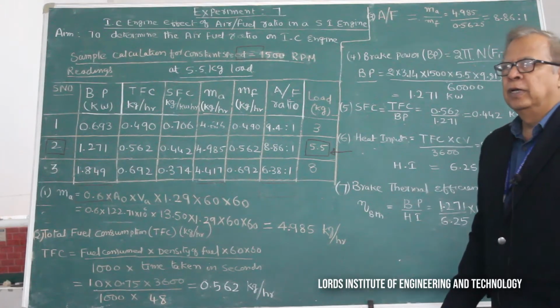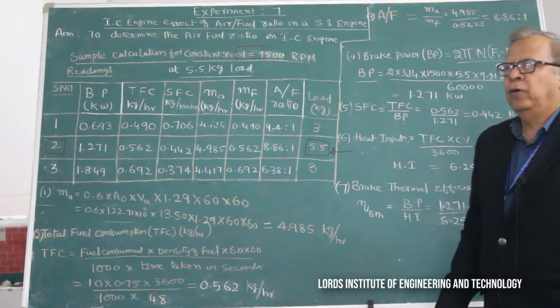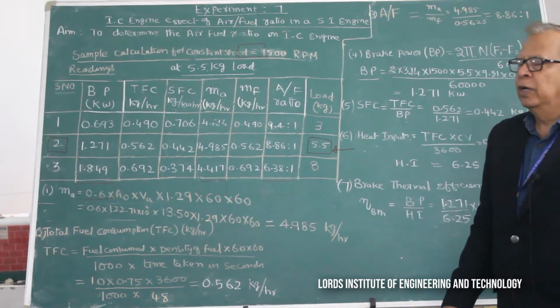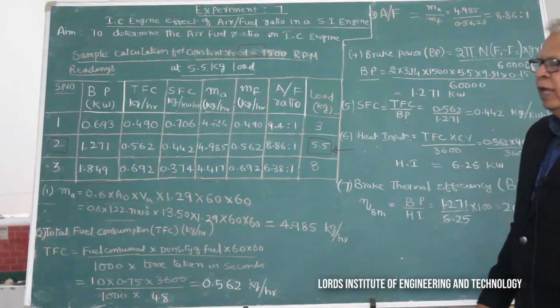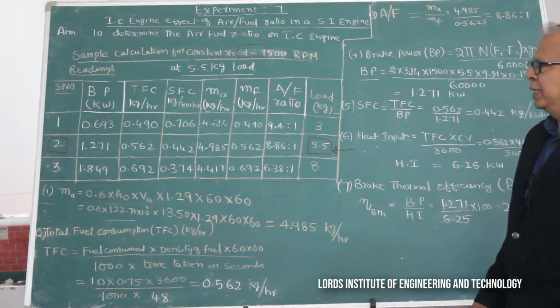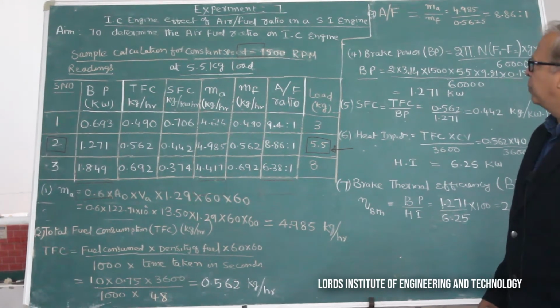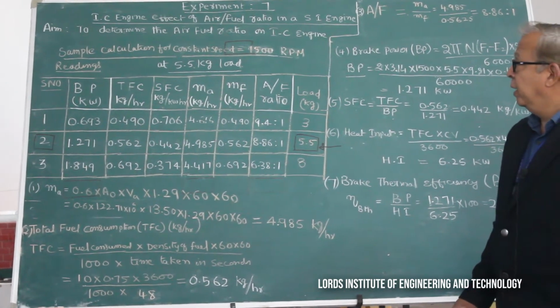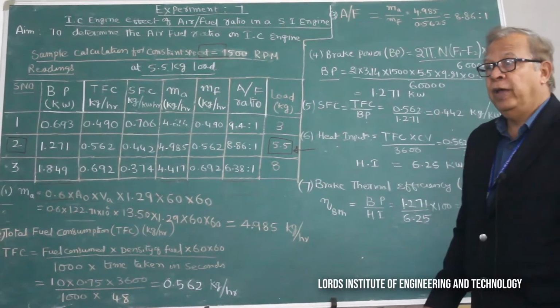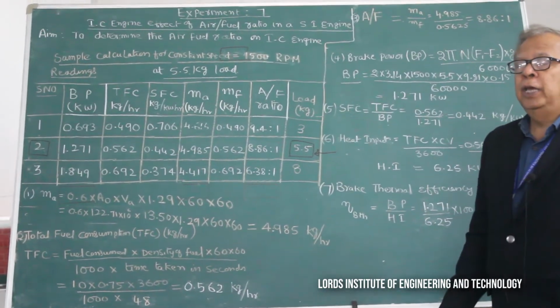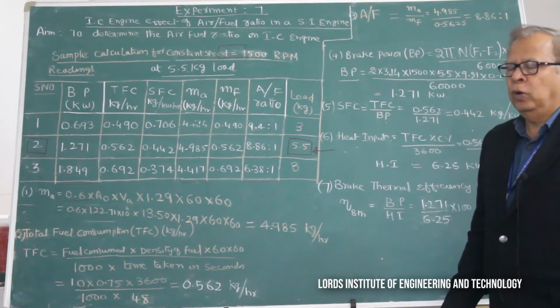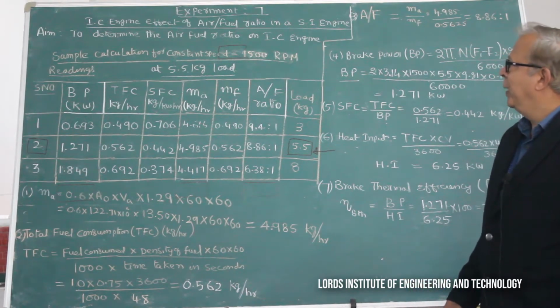Dear students, just now we have done an experiment on a spark ignition engine to determine the air fuel ratio on an IC engine, that is, a spark ignition engine. We have done this experiment keeping the load varying but the speed constant.